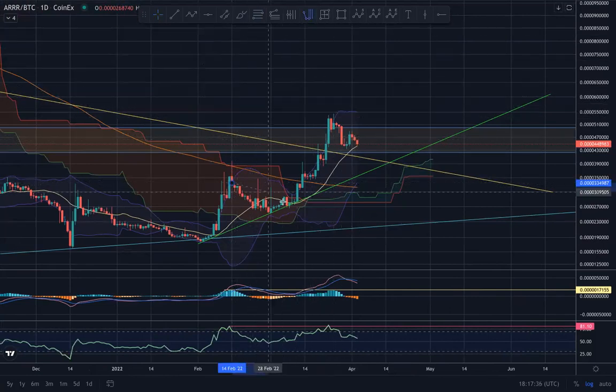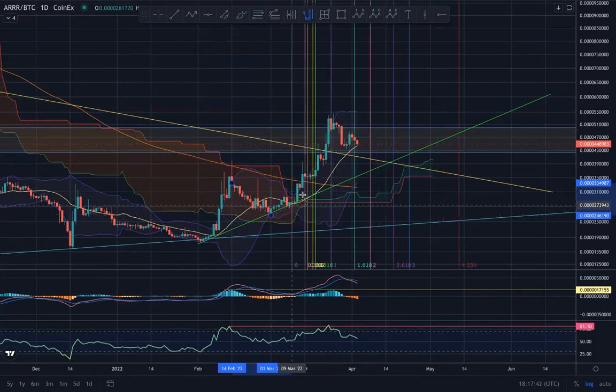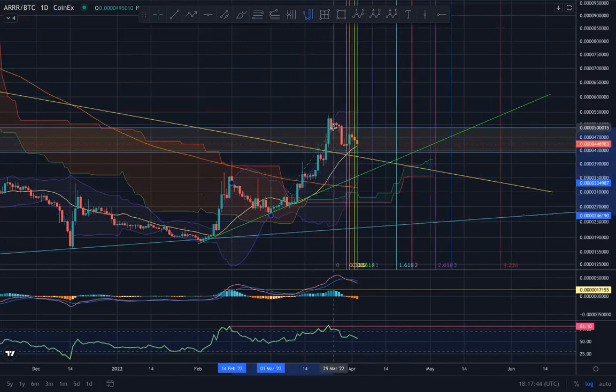We'll take the top, and instead of just going top to, actually we'll go top to bottom first. So let's say we go here top to bottom, and we go here top to bottom, give or take a day or two. A 1-to-1 would be the bottoming around 9th of April.